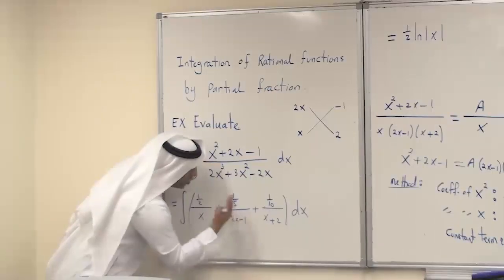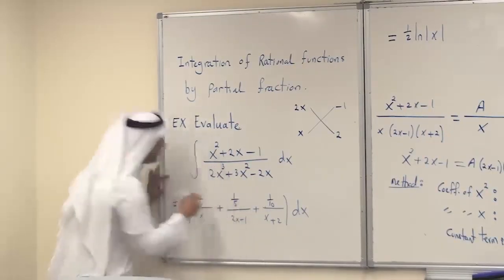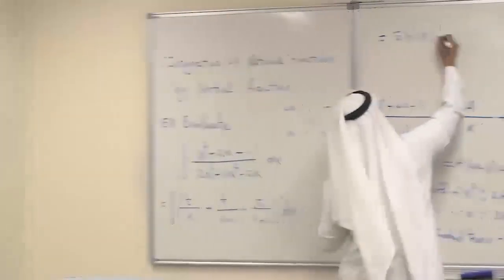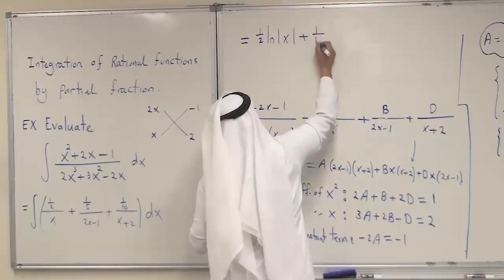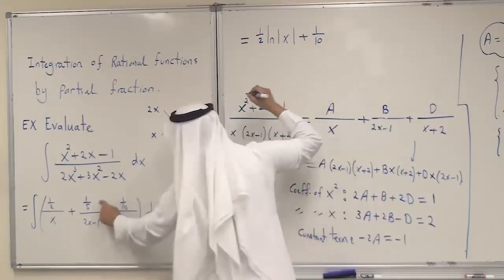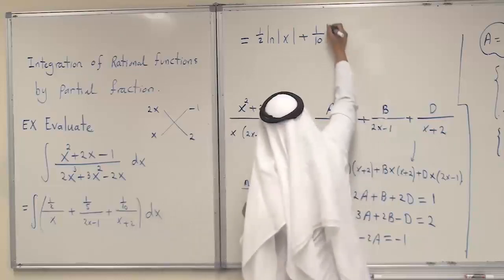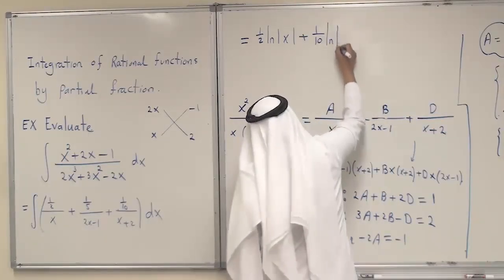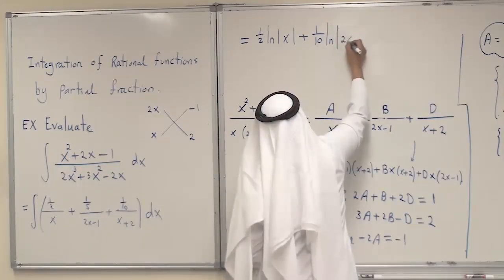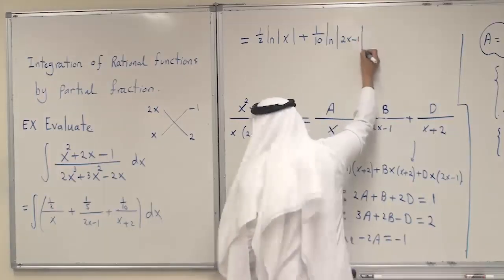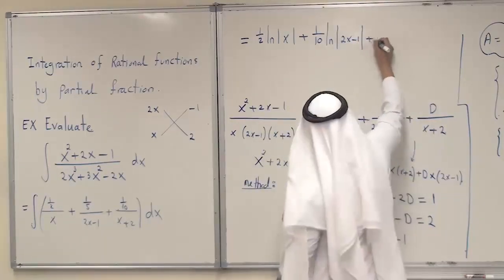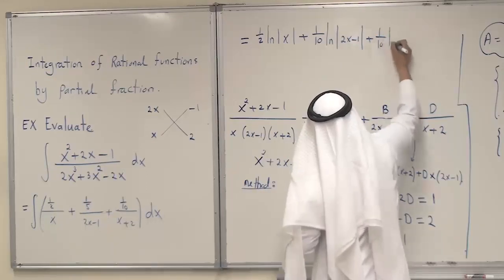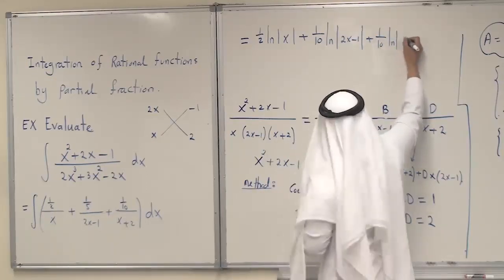The derivative of this is 2, so we multiply by 2 and divide by 2. So that will give me plus 1 over 10 logarithm of absolute value again, 2x minus 1. And finally, the last one is 1 over 10 ln of absolute value of x plus 2.